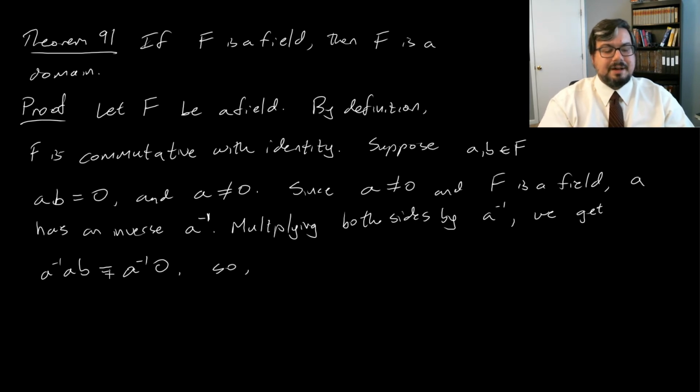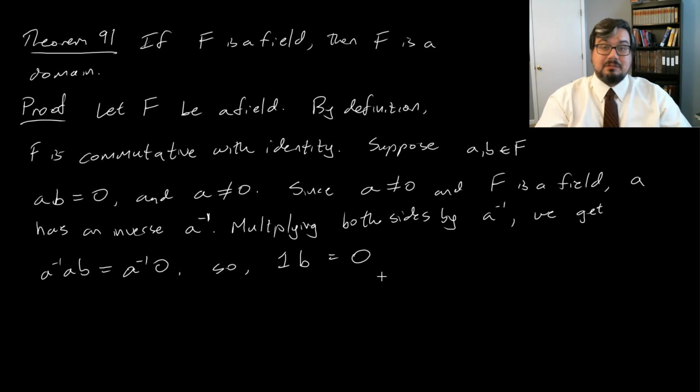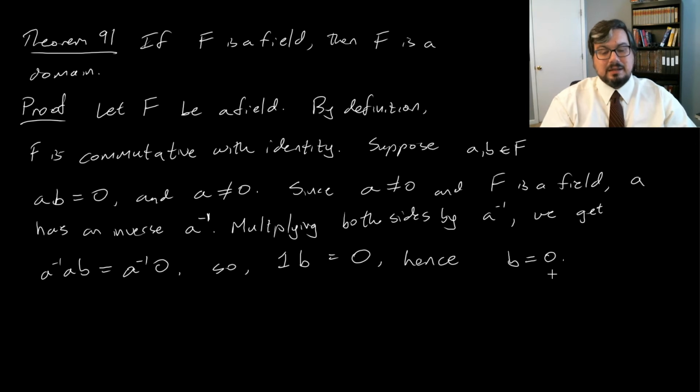So A inverse times A is just the element 1. We know that anything times 0 is 0. We proved that last time. And we know that 1 times B is equal to B. So that means that B is equal to 0.